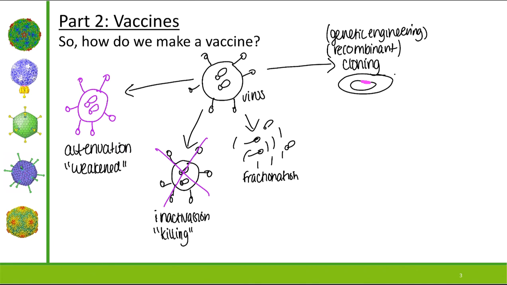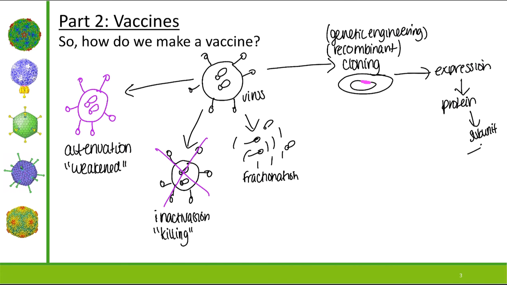For cloning, we can do expression. Oftentimes for expression, we'll take a specific gene from a virus, oftentimes a protein, and have bacteria, yeast, or other cells express that protein, and then we can purify it. So we can get a subunit.